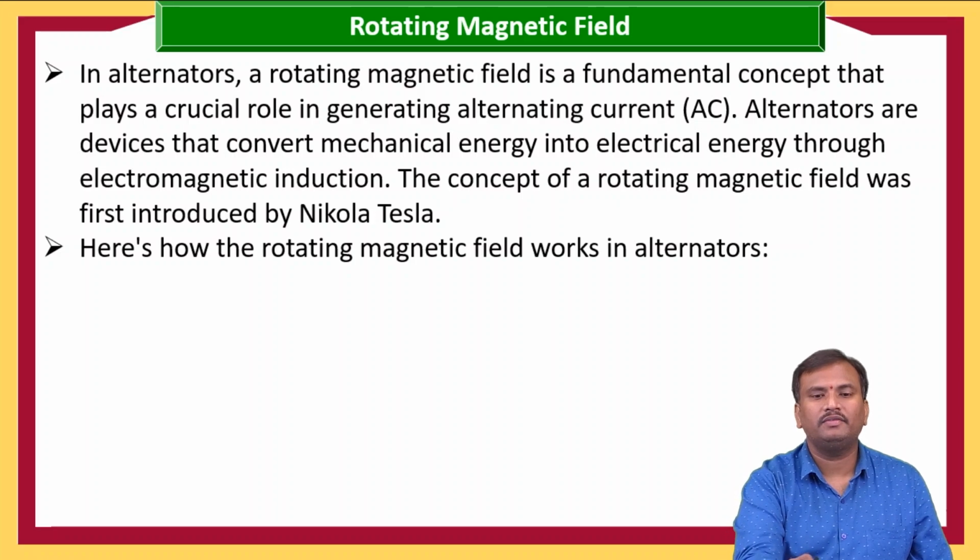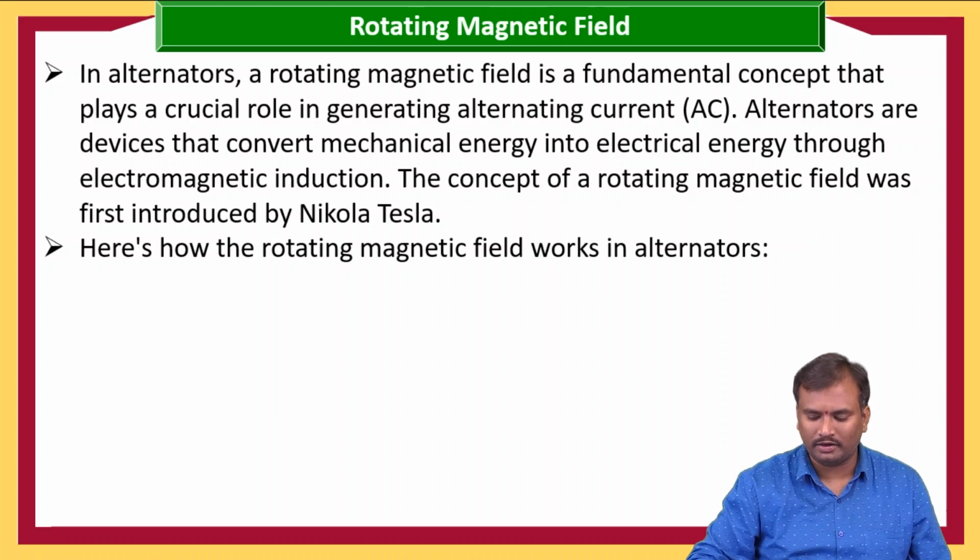Alternators are devices that convert mechanical energy into electrical energy through electromagnetic induction. The concept of a rotating magnetic field was first introduced by Nikola Tesla. Here is how the rotating magnetic field works in an alternator.